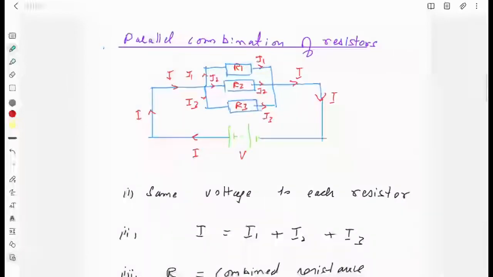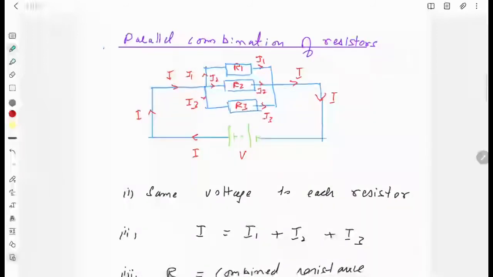Parallel combination of resistors. The three resistors R1, R2, R3 here are connected in parallel to the battery.